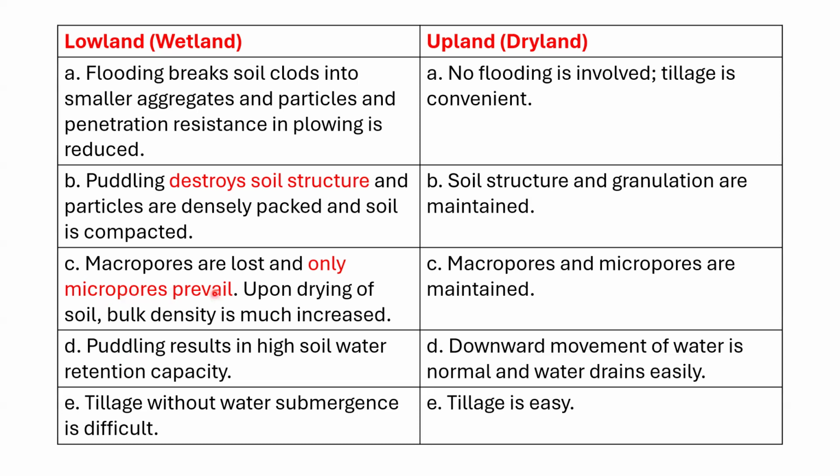Okay, gets na? Gets na yan. Okay? Lastly, tillage without water submergence is difficult. This one is under lowland. Since kapag wala ng tubig or hindi na submerge yung lupa, mag-i-increase yung bulk density and magiging compacted, so titigas yung lupa.